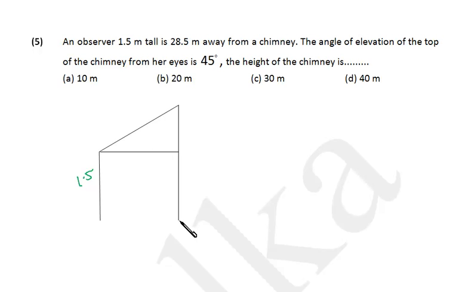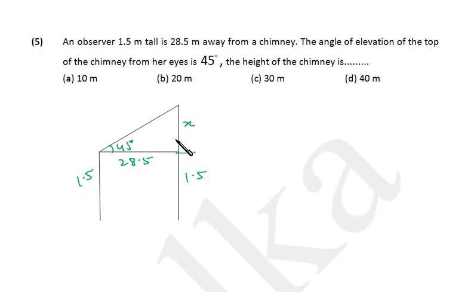Distance between the chimney and this person is 28.5. So this length and this length are the same. After that, the angle of elevation of the top of the chimney from his eyes is 45 degree. We assume that the eyes and this line are aligned. So this is 45 degree. We have to find out this length. Okay. Now this length must also be 1.5.